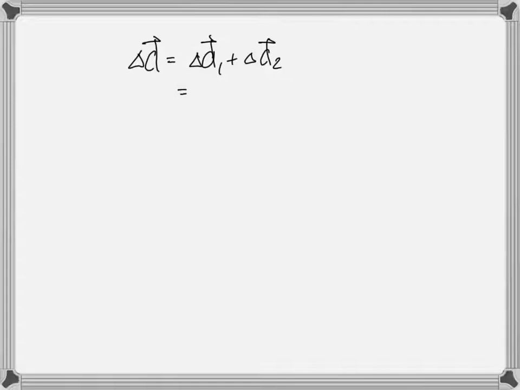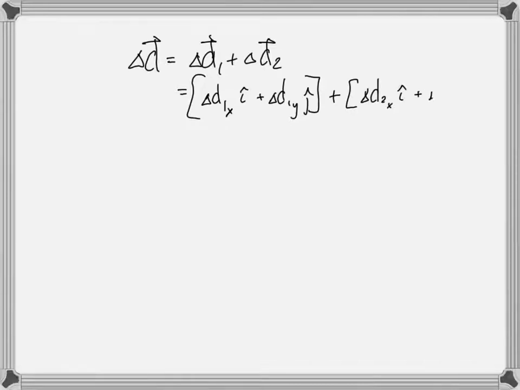We can break these two vectors up into components. So we've got delta D1x in the x direction plus delta D1y in the y direction, that's delta D1, plus delta D2x in the x direction plus delta D2y in the y direction, that's delta D2.